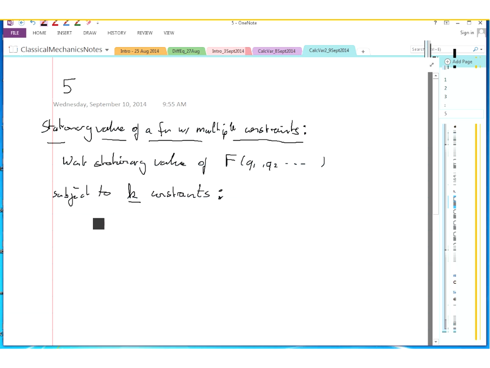Now instead of having one constraint equation, we have k constraint equations.